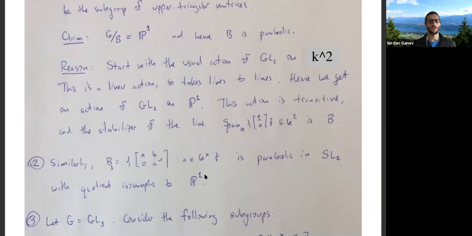Up here we noted that the action of GO2 is transitive, but in fact already the action of SL2 is transitive on P1, and the stabilizer of this line is B1. So yeah, that's a parabolic subgroup.